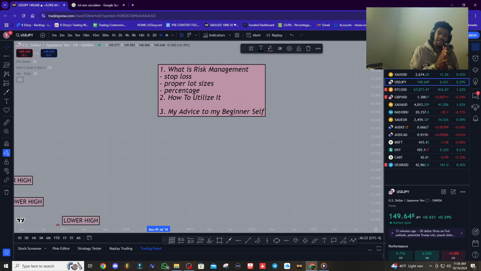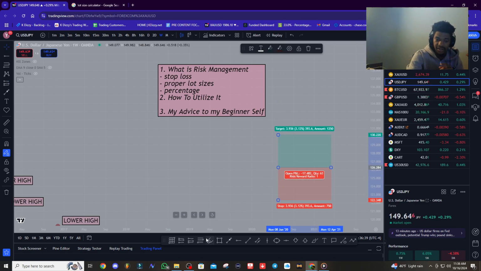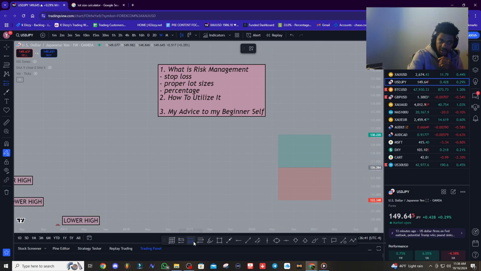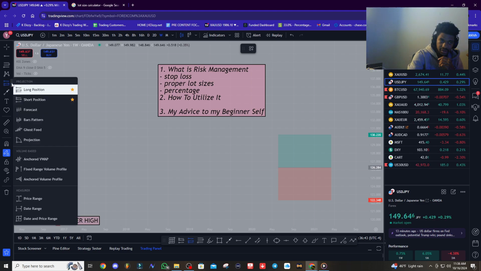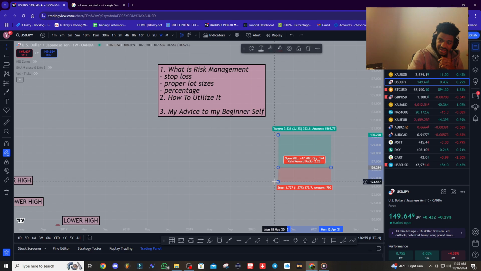A stop loss is one way that you can help your capital stay at a certain amount that you're okay with. Let me give this example real quick. We have the long position tool right here, located right over here. Wherever you stop the red part of this tool is where you want to get out of the trade.